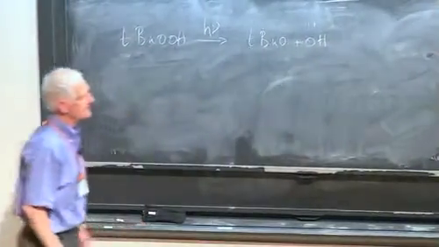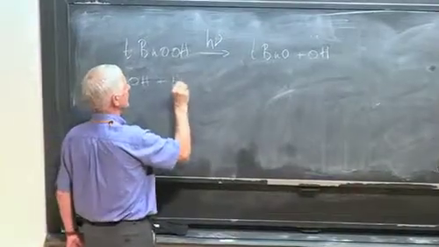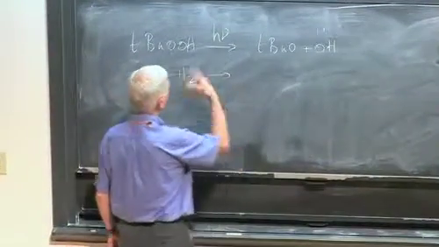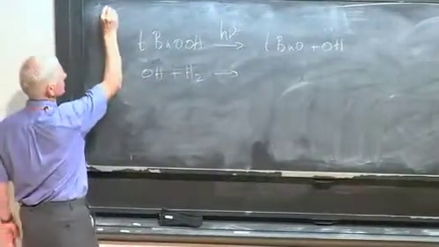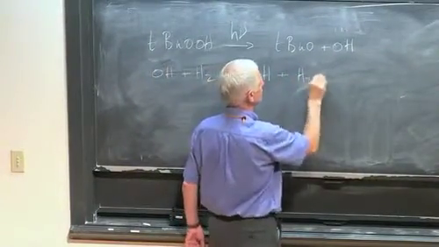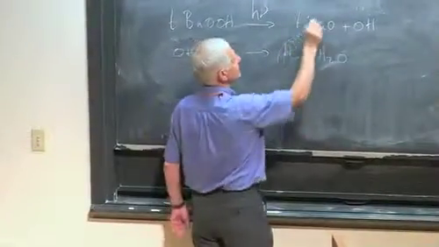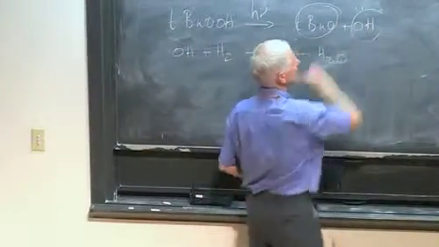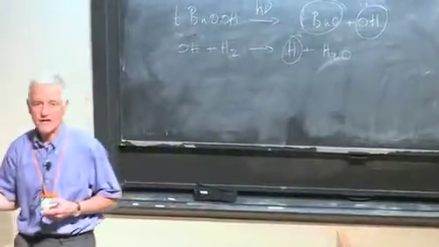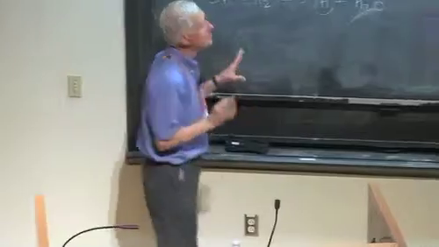those species there. And OH can react with H2. If we have H2 present, OH reacts with H2 to form H plus H2O. And so we've got various species around, and OH can react with them. Okay? And what we want to do is to minimize them.